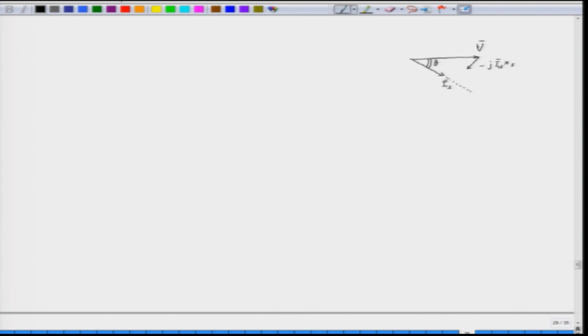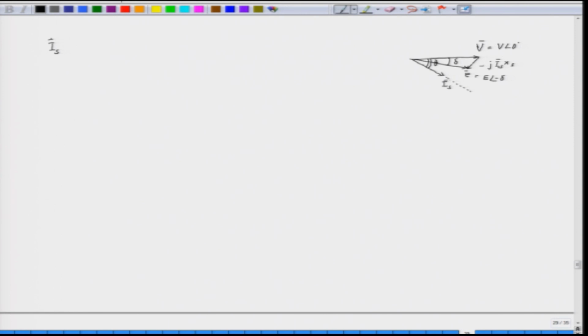If we complete the phasor diagram, this is E, and this angle is delta. So, E is equal to E angle minus delta, because E is lagging behind the voltage by an angle delta. V is the applied voltage, that is V angle 0 degrees. Now, if this is what we have here, we can write down the expression for Is cos theta, or we can find out what Is is.